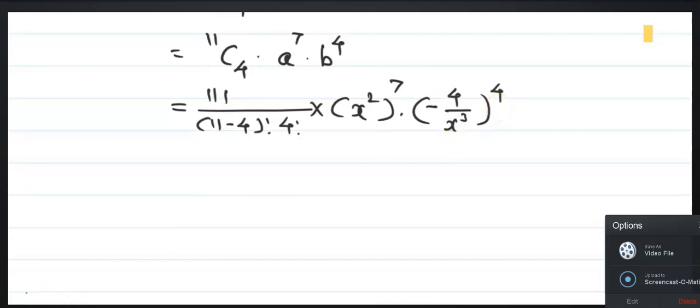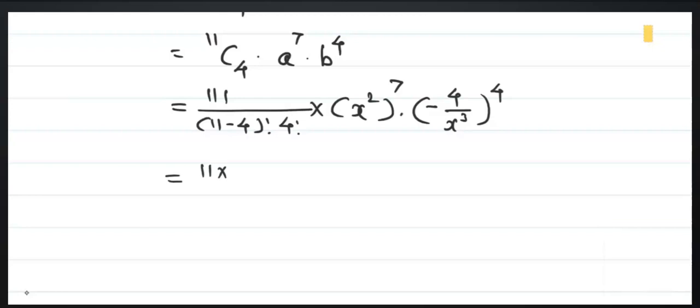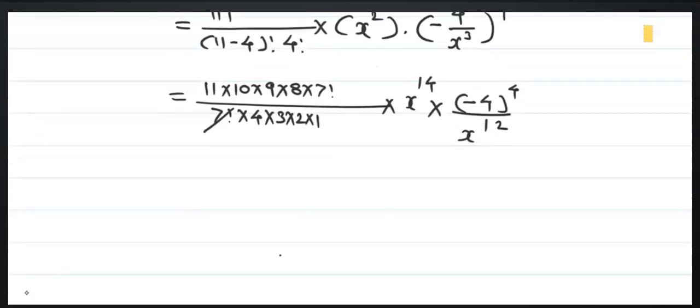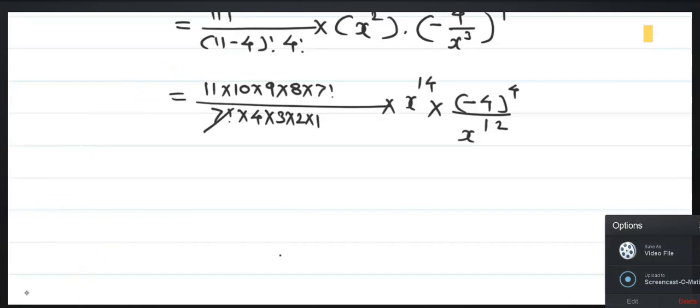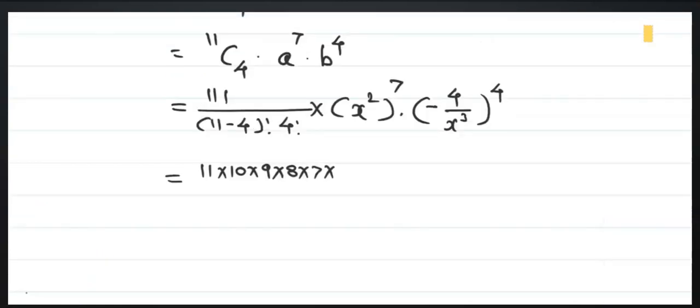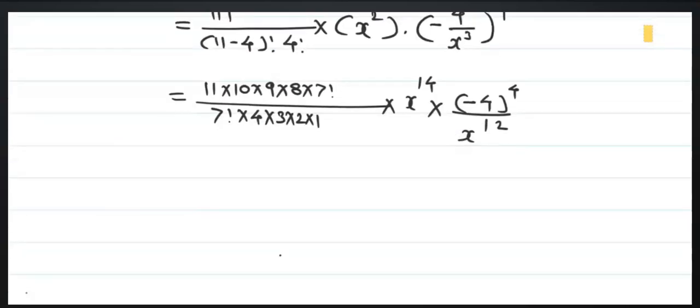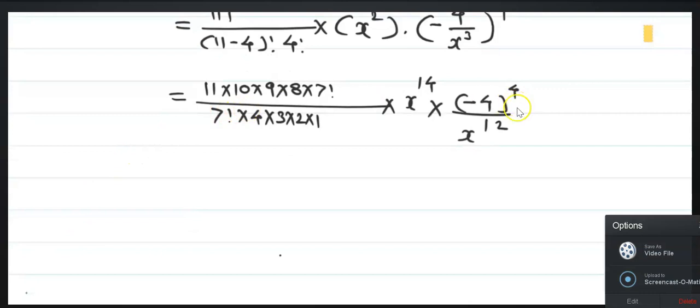Now simple calculation is here. Now extend this up to 7, and then the terms will get cancelled. These are the terms in the expansion; 7 factorial will now get cancelled.